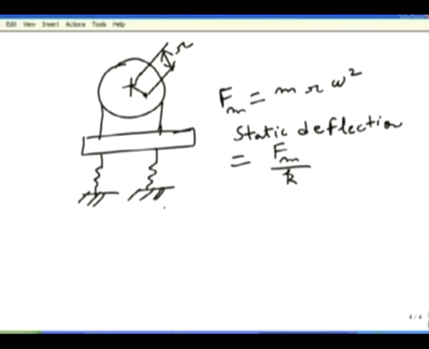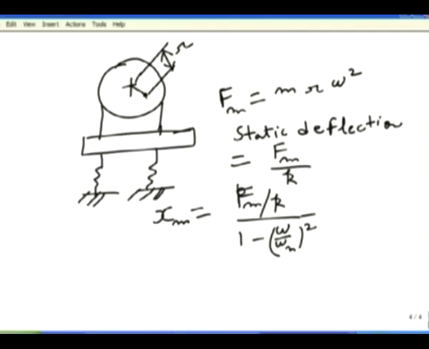and dynamic deflection will be given by Xm. The amplitude of the dynamic deflection, assuming there is no damping, will be Fm divided by K times (1 minus (omega by omega n) whole square).